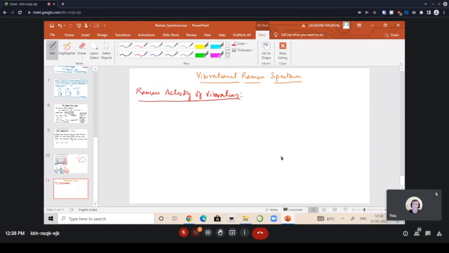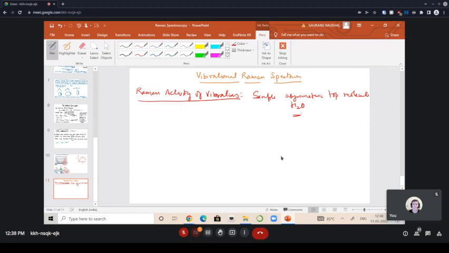Let us consider a simple asymmetric top molecule, H2O. For the Raman active modes, there should be three different active modes for the vibrations.